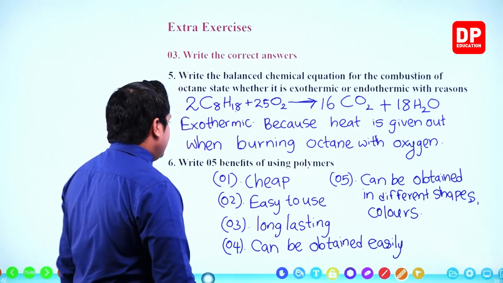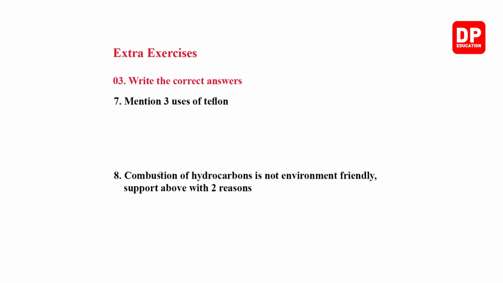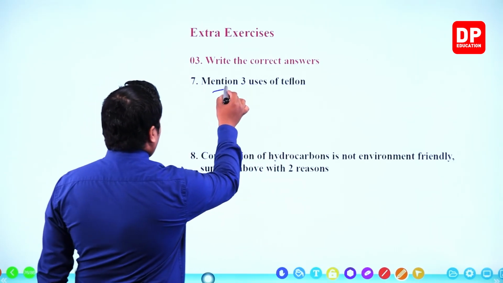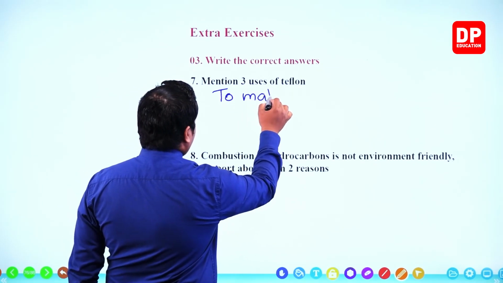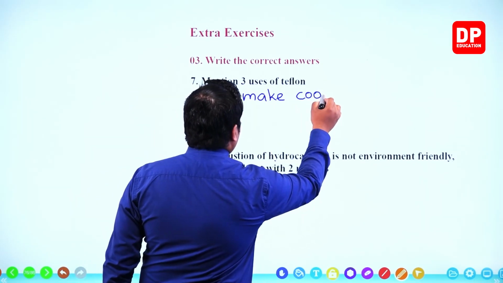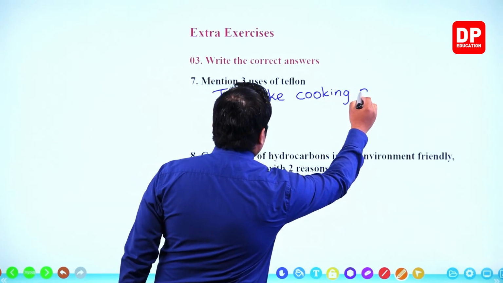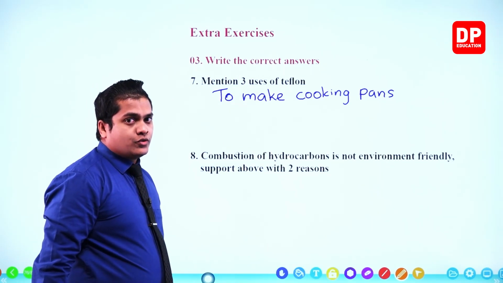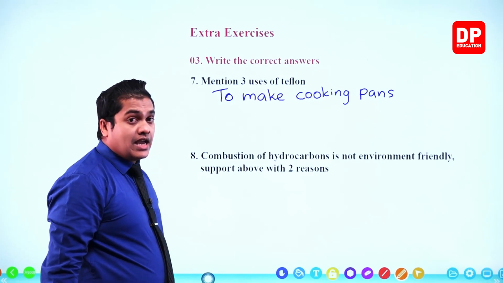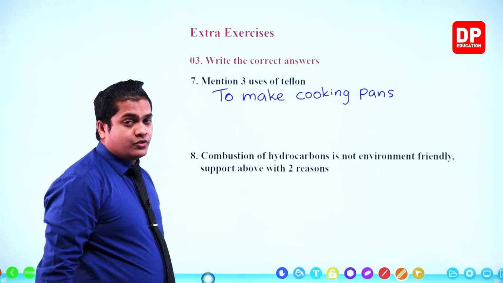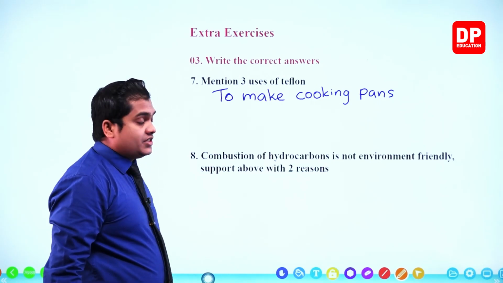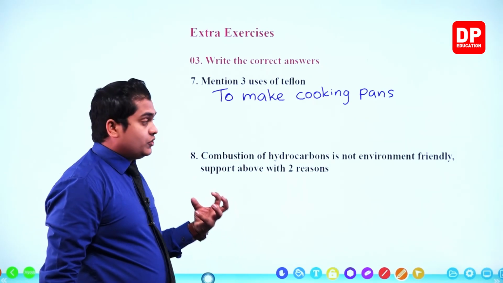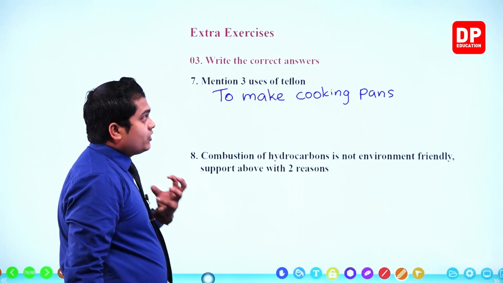Okay. Then the next question. Mention 3 uses of Teflon. To make cooking pans, we can use Teflon, my dear children. You know that to make cooking pans, especially non-stick cooking pans, we use Teflon, right? Because Teflon is a material which does not get stuck. Materials do not stick on Teflon, so we use Teflon to make cooking pans.